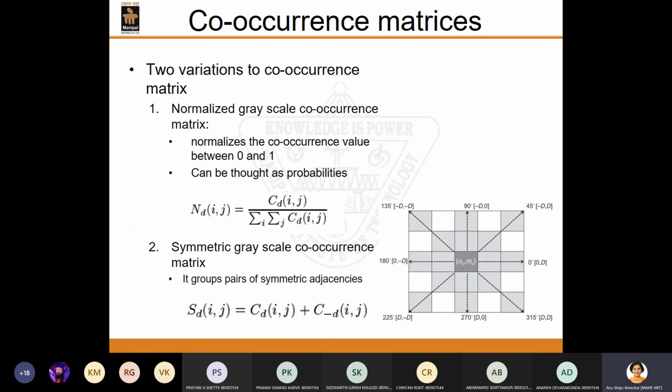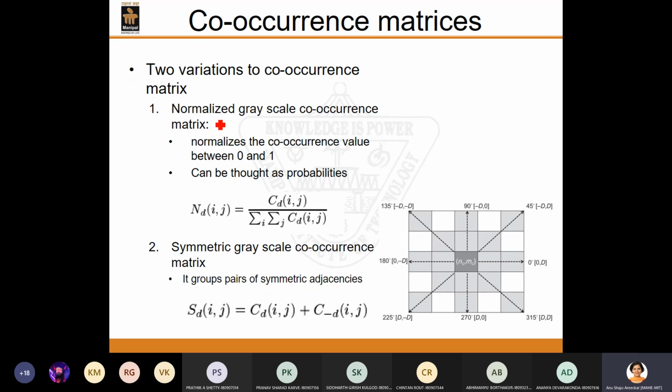Now, once you have these matrices, let's say I have calculated for different directions. I can calculate for 0 degree, 45 degree, 90 degree, 135 degree, and so on, right? Instead of taking the actual entries that we have already got, we can still modify the GLCM matrix before we process it further.